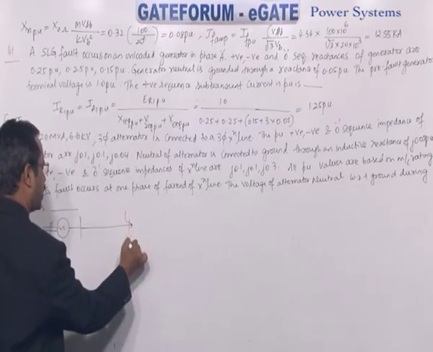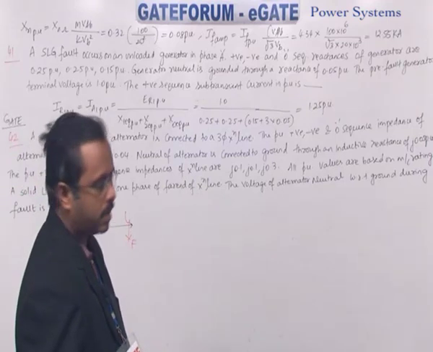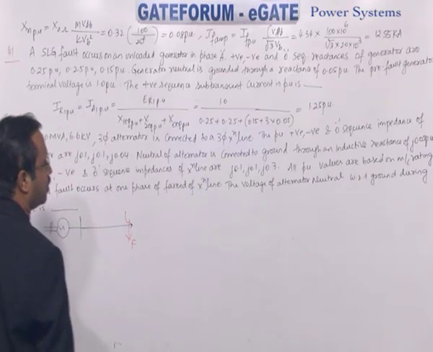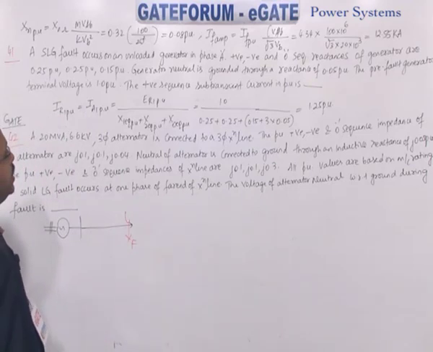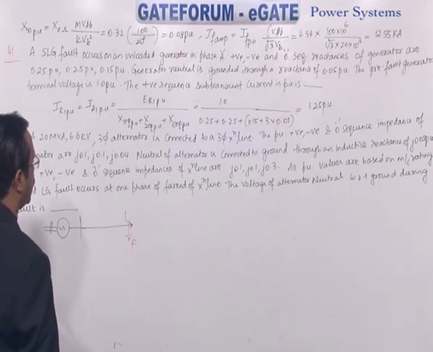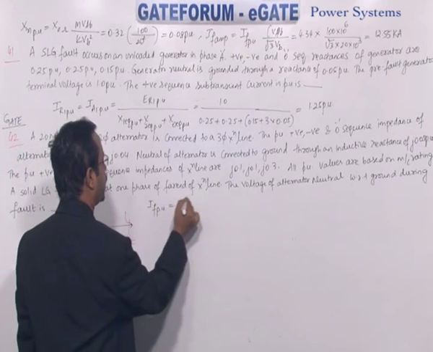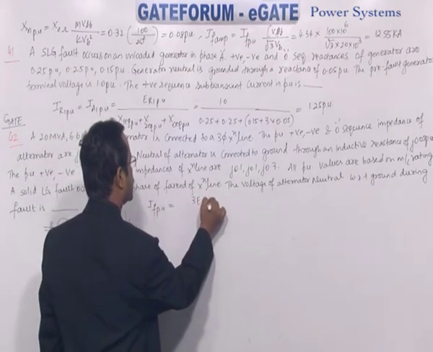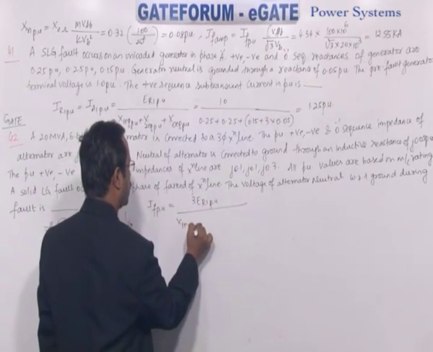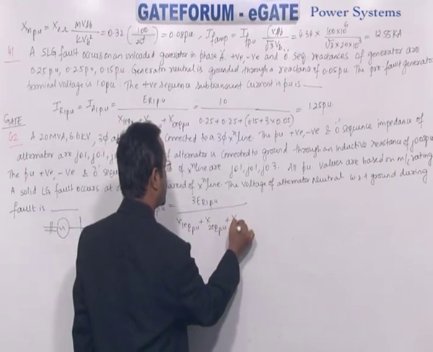Say the fault has occurred here. Then how do you calculate the voltage of the alternator neutral with respect to ground? First calculate the fault current in per unit. How to calculate the fault current in per unit for an LG fault? It is 3ER1 by X1 plus X2 plus X0.